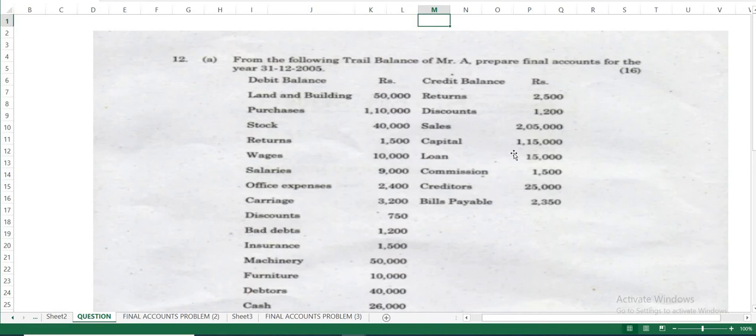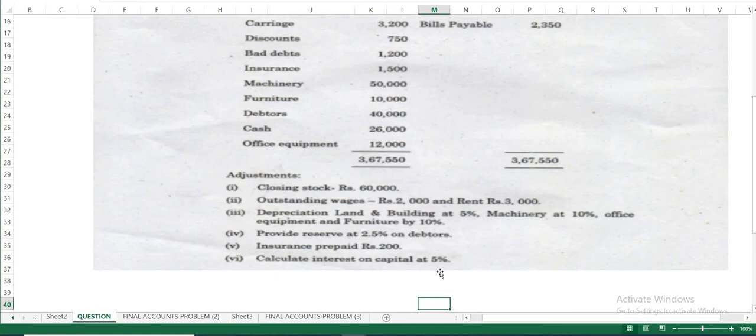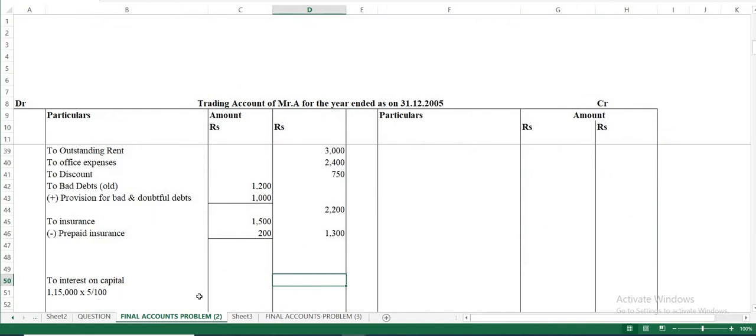Capital they have given us is 1,15,000, so 1,15,000 into 5 by 100 you have to calculate. Just find out how much you are getting.